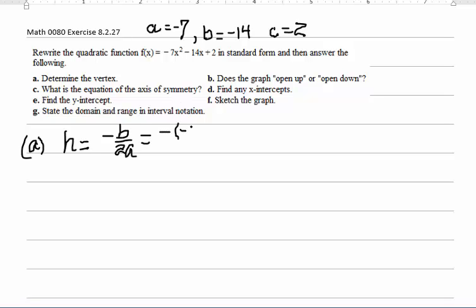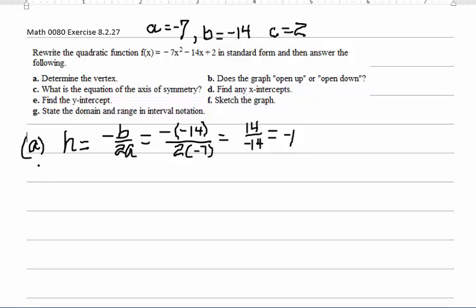Minus negative 14 over 2 times negative 7 is 14 over negative 14, which is negative 1. So the first coordinate of our vertex is negative 1.